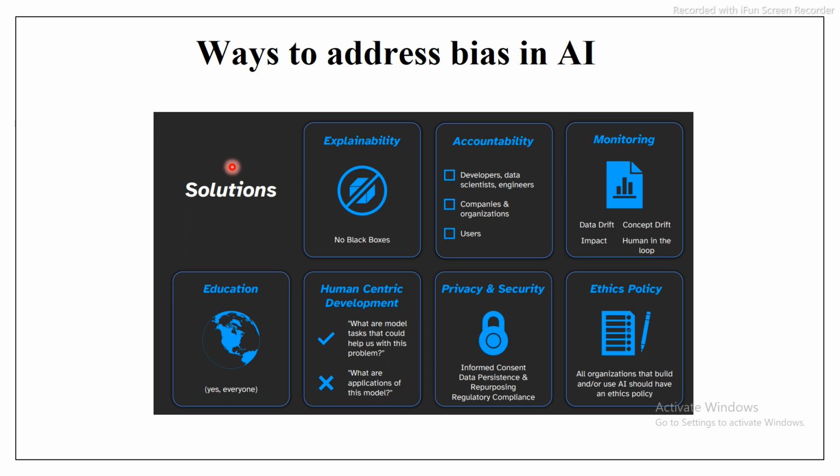So how are you going to address the biases? First, if you are developing AI systems or AI solutions and using any black box model, for example an artificial neural network or any generative AI techniques, then you have to explain.